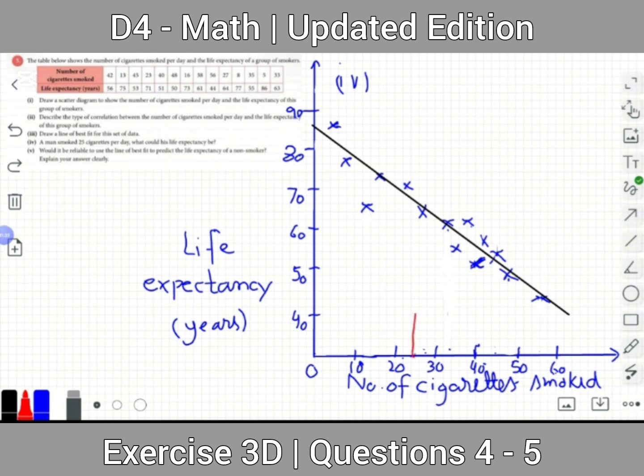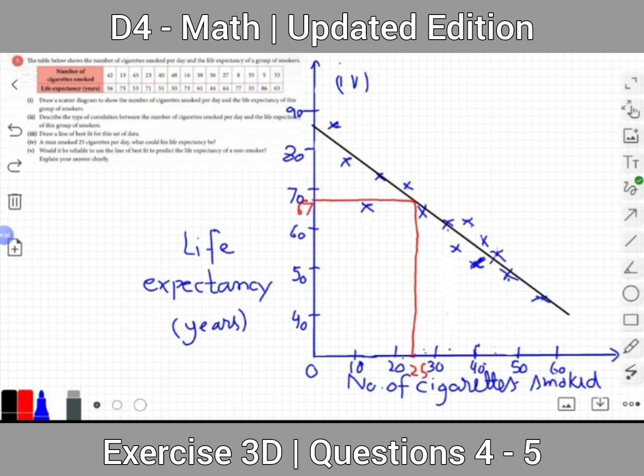From 25, we will draw a vertical line until it touches the line of best fit. Now from the point of intersection on the line of best fit, we will draw a horizontal line until it touches the vertical axis. So here we have the value approximately 67.